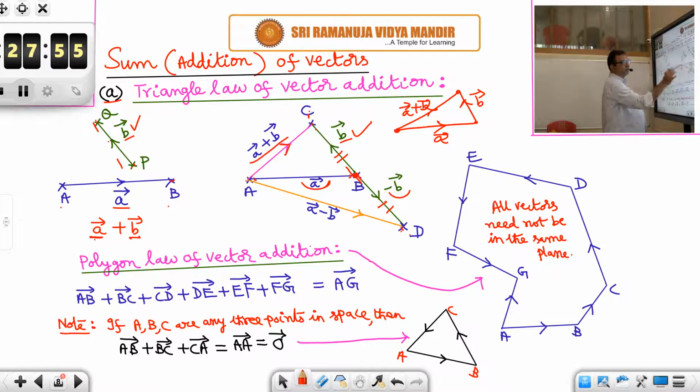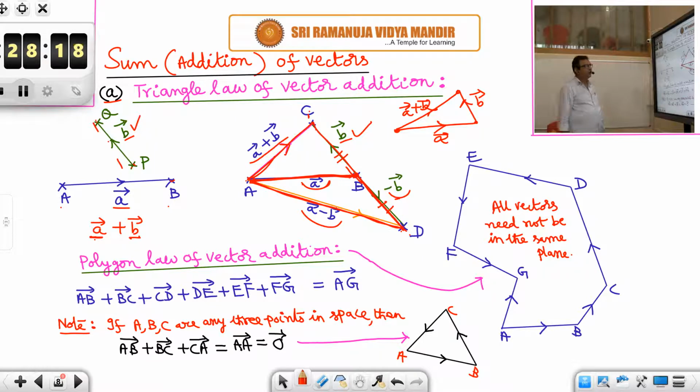So this is a bar, that is minus b bar. Therefore this vector will be a bar plus minus b bar, that means a bar minus b bar. So this is a bar plus b bar, this is a bar, this is minus b bar, and therefore this is a bar minus b bar.